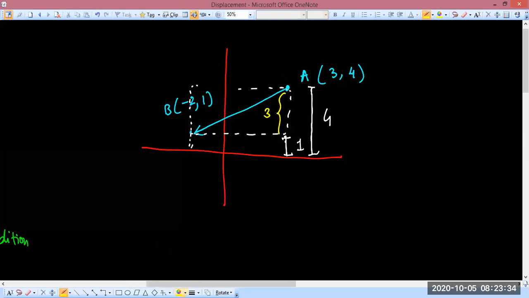I explained it, I'm just repeating it for the last time for anyone who might not have understood. Similarly, this distance is going to be 2, this distance is going to be 3, and this distance is 2 because x coordinate is 2 and here x coordinate is 3, right? You should know this, x coordinate, y coordinate. So finally this whole side is 5.